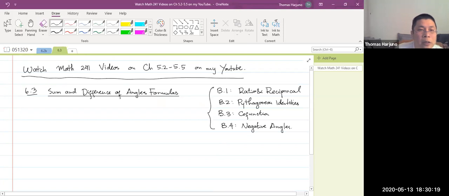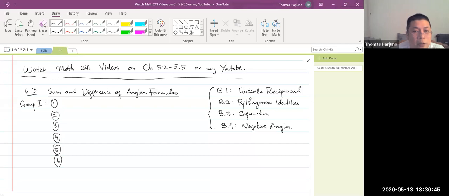Now, this sum and difference of angles formula, I put in group 1. And I need you to memorize this. The proof you can see in my lecture video. I strongly suggest you actually watch that video, especially the proof, because it really improves your perception of how those formulas are related.